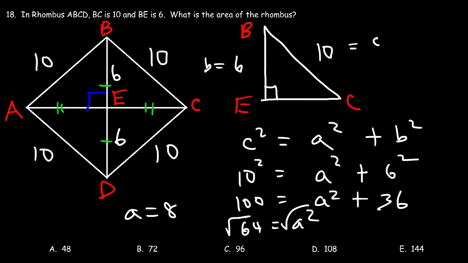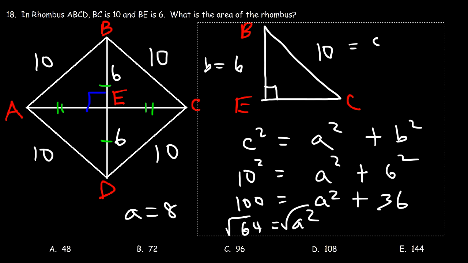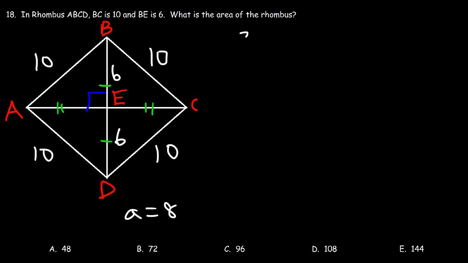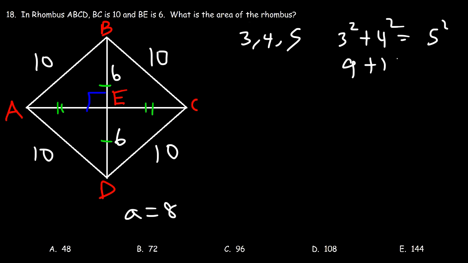Now there are some special right triangle numbers that you want to commit to memory. So let me just get rid of some stuff. The first is the 3, 4, 5 right triangle. What this means is that 3 squared plus 4 squared is equal to 5 squared. It follows the Pythagorean theorem. 9 plus 16 is 25. So that's one special right triangle that you want to know from this point forward.